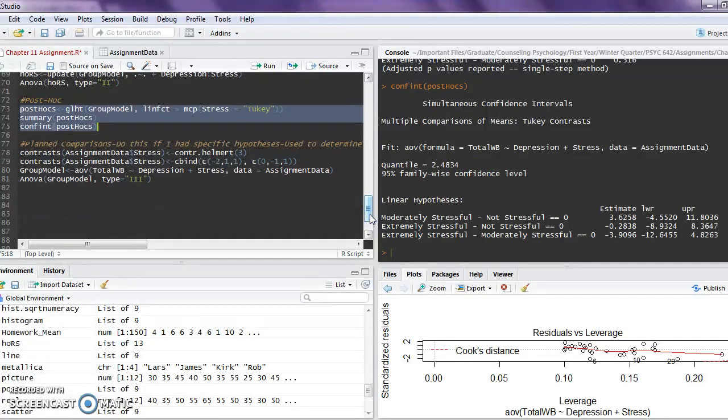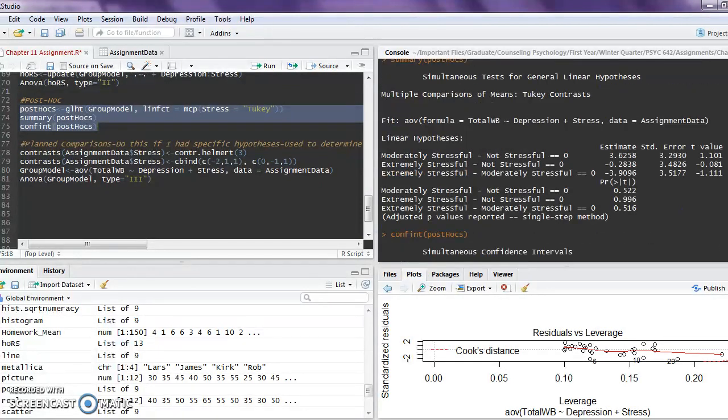So I'm data mining, which is also not a good thing, but hey, this is statistics. So here we're not seeing anything at all. The post hoc is showing that there are no significant differences or significant comparisons between any of these groups. So overall, there's nothing here.